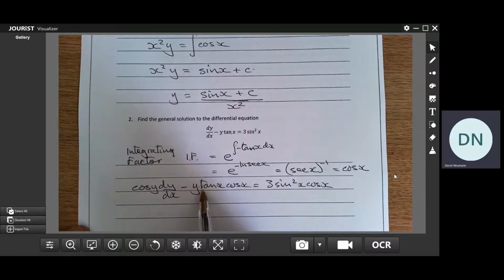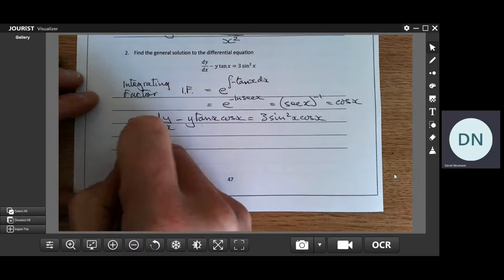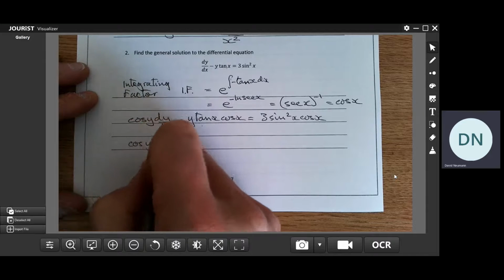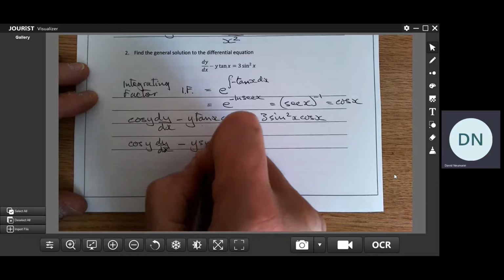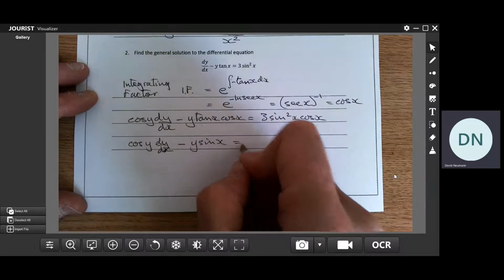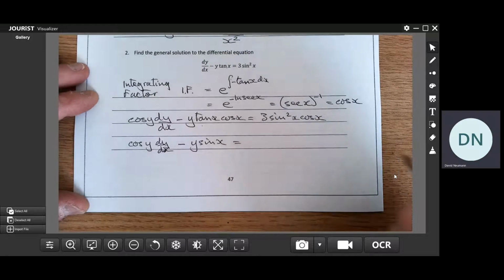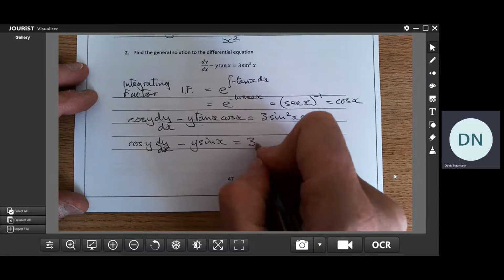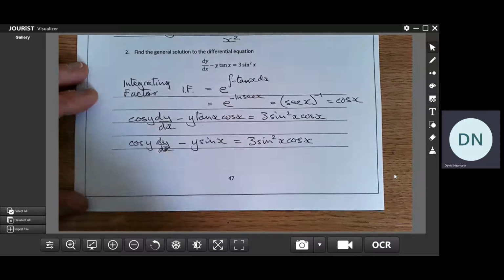And then we're just going to perform a simplifying step here. So tan x is sine x over cos x. So tan x times cos x is just sine x. So we've got cos x dy by dx minus y sine x is equal to 3 sine squared x cos x.